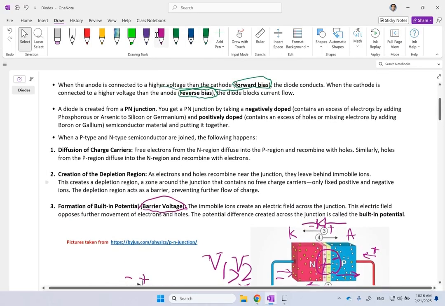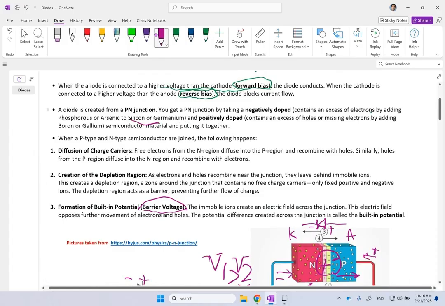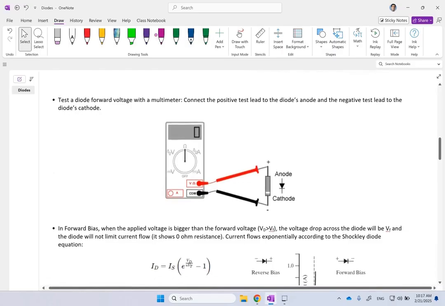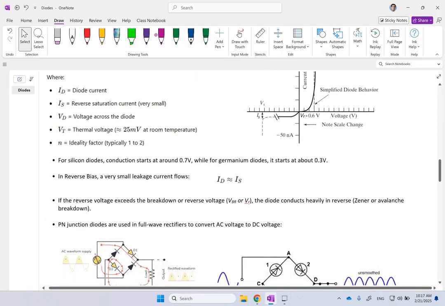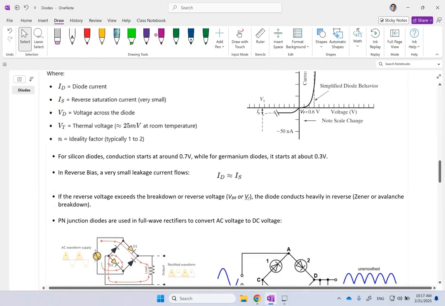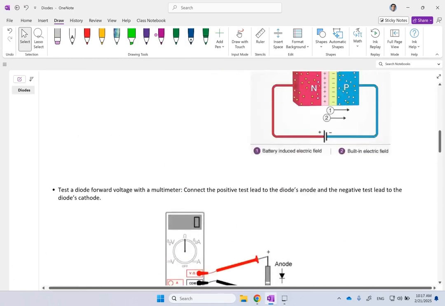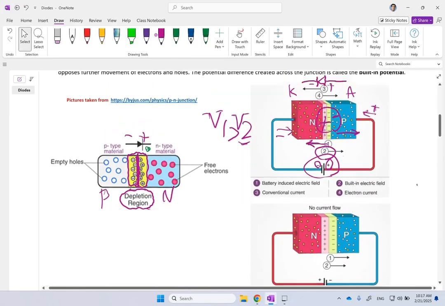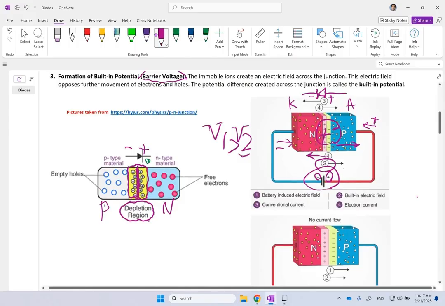Is it made of silicon or germanium? There are different built-in or barrier voltages in them. Typically, for silicon diodes it's about 0.7 volts, and for germanium it's about 0.3 volts. So once you pass 0.3 for germanium and 0.7 for silicon, that is where you can conduct electricity.